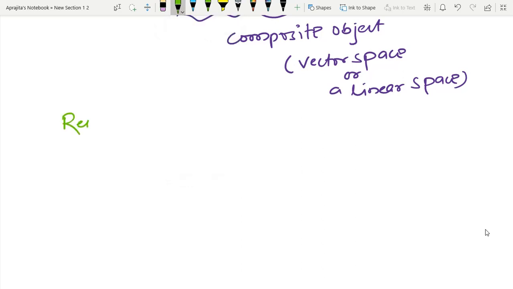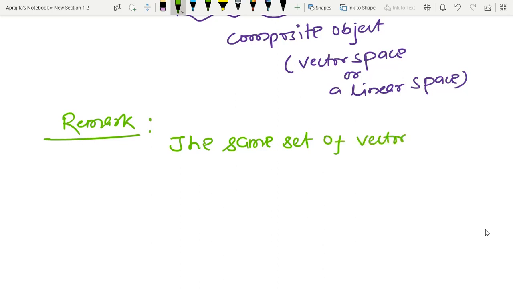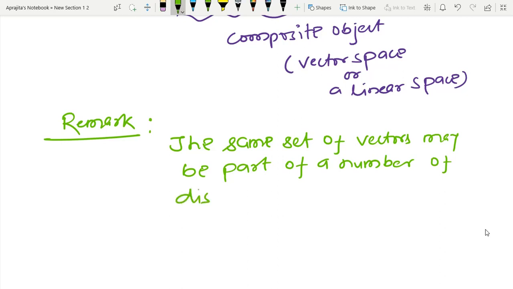The remark is like this: the same set of vectors may be part of a number of distinct vector spaces.